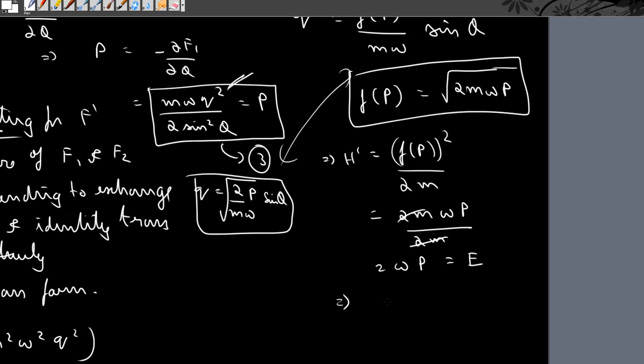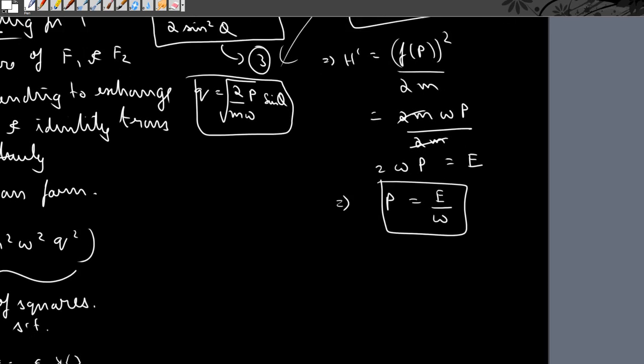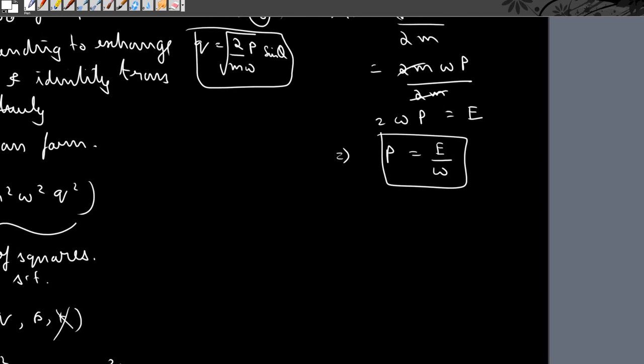And as we saw, our P should also be conserved since Q is cyclic. So P is equal to E by omega. Okay, so this is one part of the canonical transformation equation. P is just a constant. And this implies Q dot should be equal to ∂H dash by ∂P, which is simply going to be omega.